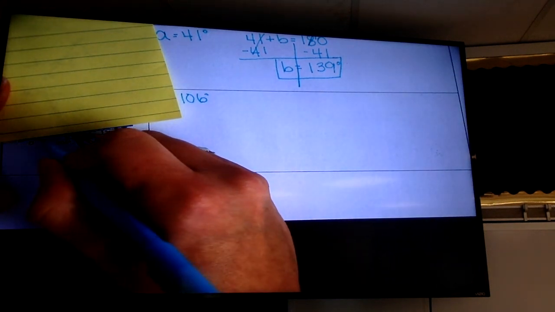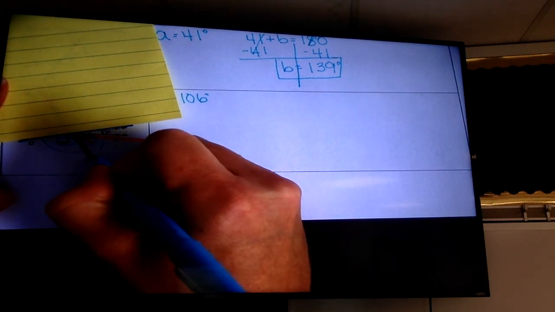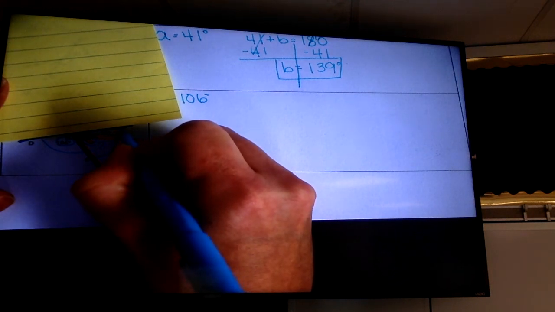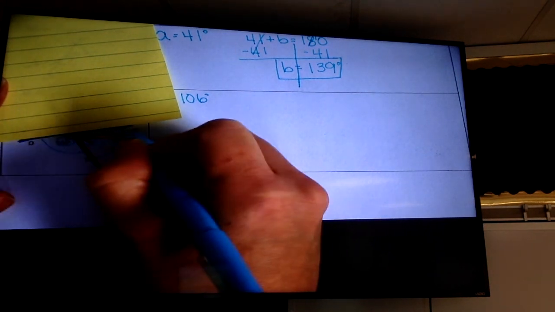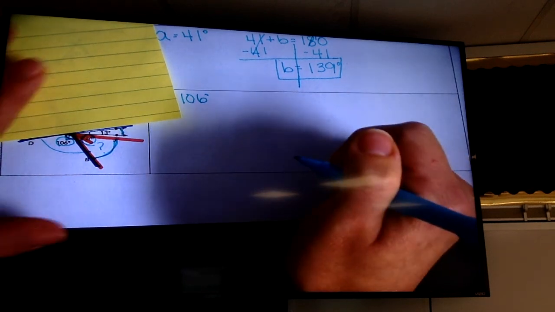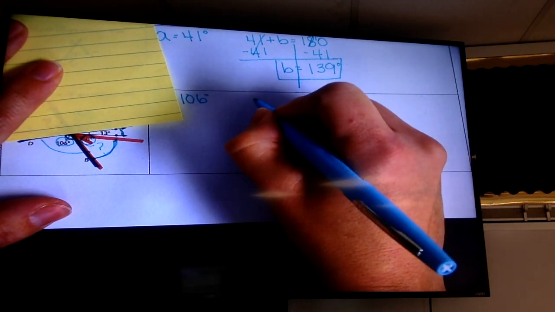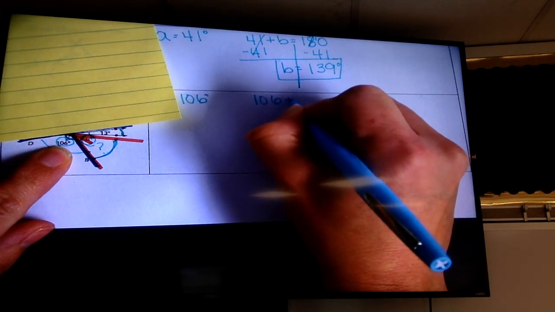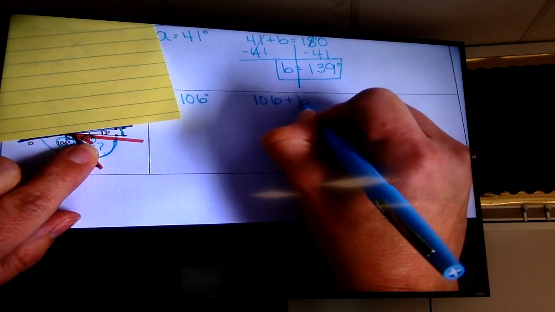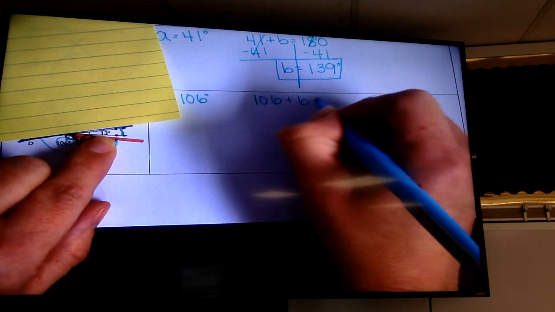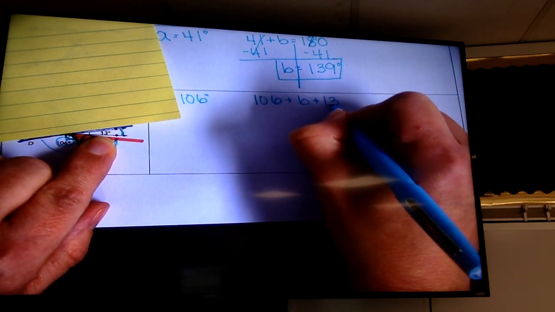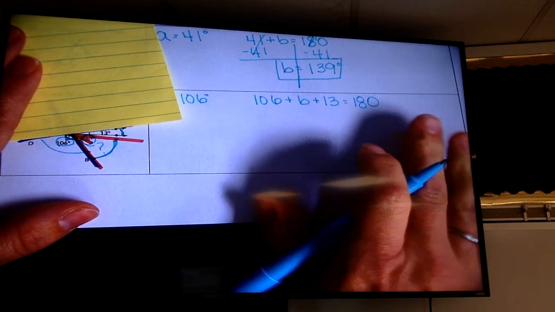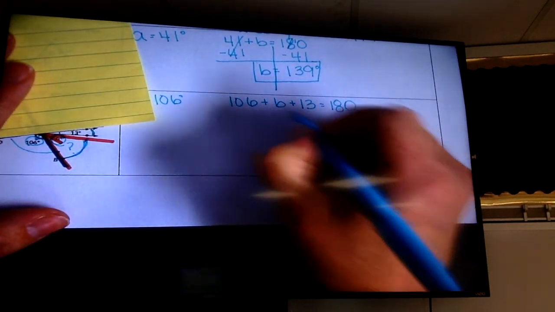Well, I know that this angle plus this angle that I'm trying to figure out plus this small angle right here all together form a straight line, which is 180 degrees. So I could say that my first angle, 106, plus angle B, plus this tiny angle in here that's worth 13 degrees, all together gives me 180 degrees, a straight line.